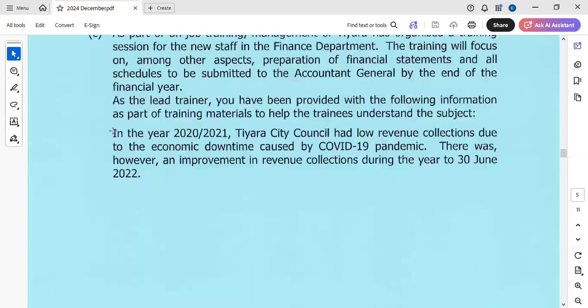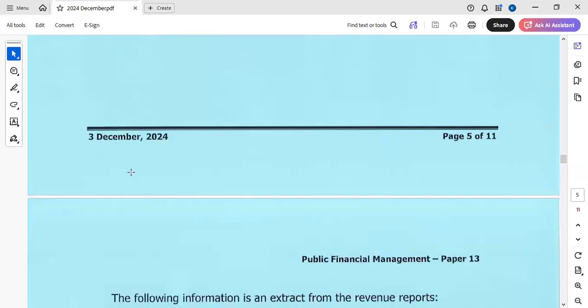In the year 2020-2021, Tayara City Council had low revenue collections due to the economic downtime caused by the COVID-19 pandemic. There was, however, an improvement in the revenue collections during the year to 30th June 2022.